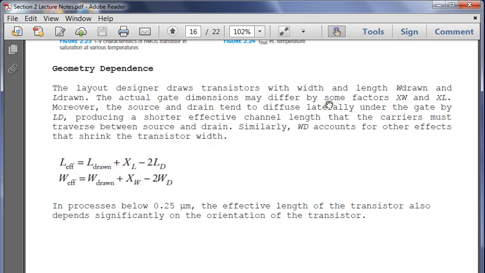These are how the actual gate dimensions are affected by synthesis. The source and drain also diffuse laterally under the gate, LD and WD. So we have lateral diffusion, and then we have the difference between what was drawn and what was actually made. Usually we want to minimize these as much as possible.